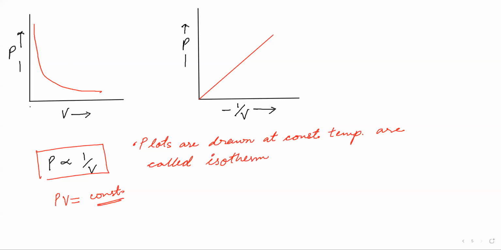Now, if I take some other graphs like this, and another graph like this, I say this is at temperature, let us say T3. This is T2. And the red one is T1.